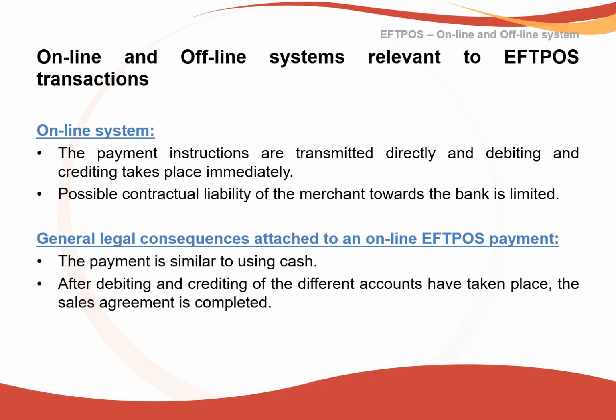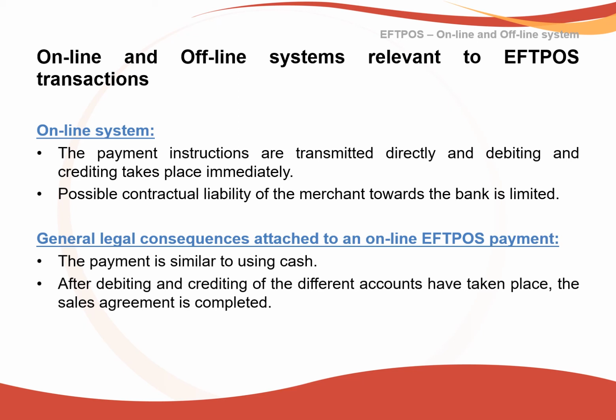With an online system, as you can see on the slide, the money is electronically transferred directly from the cardholder's account to the merchant's account. When the system is online, the payment instructions are transmitted directly and debiting and crediting takes place immediately.